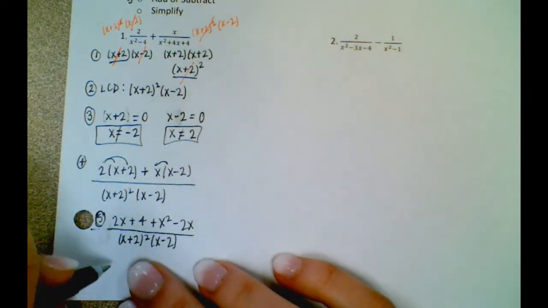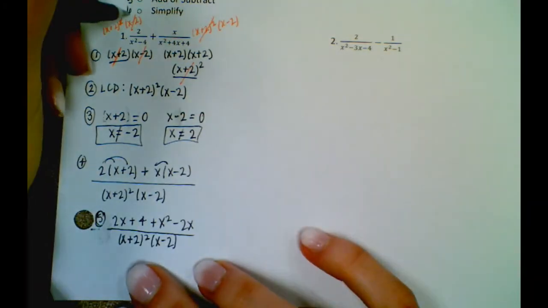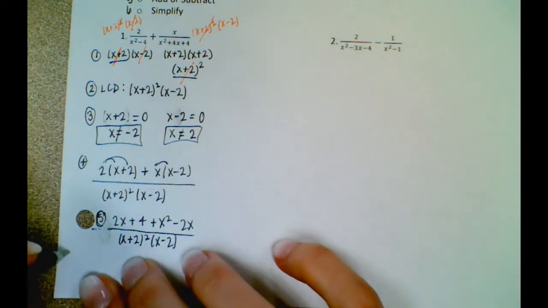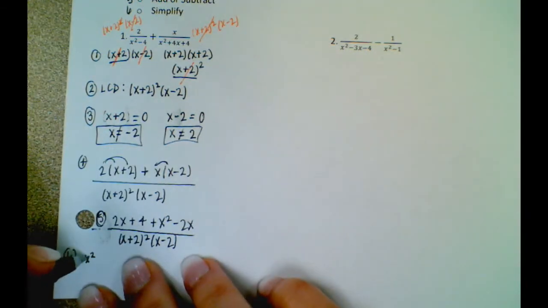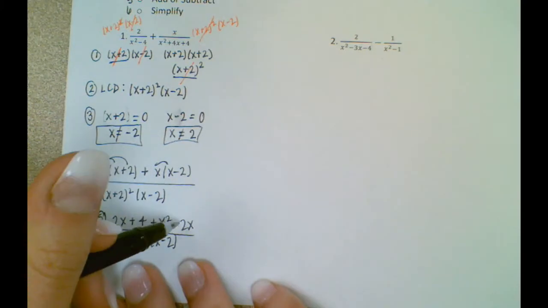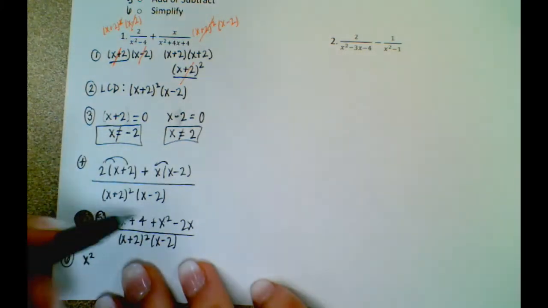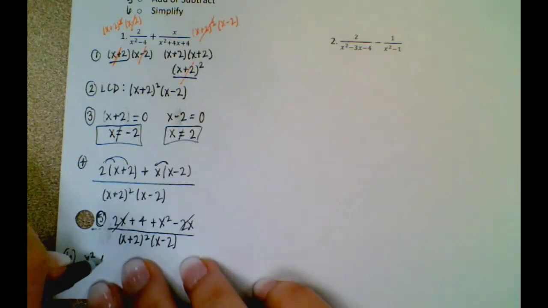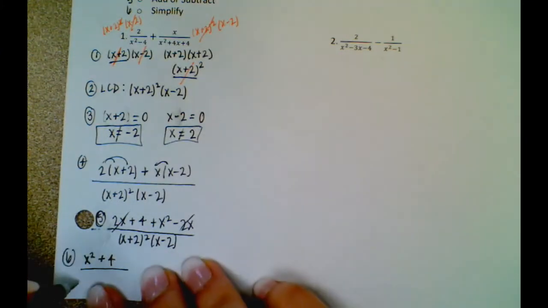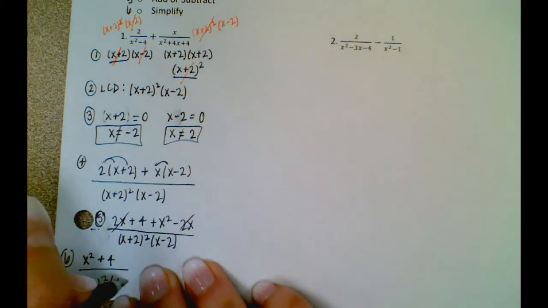And then step 6 is just to simplify it. So let's combine our like terms. We've got an x squared. Those cancel, right? So plus 4 all over x plus 2 squared, x minus 2.